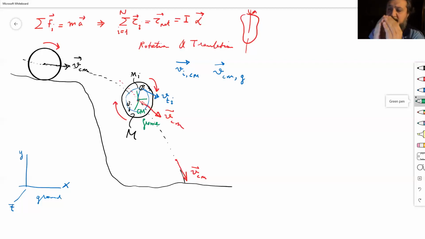Now, V_CM doesn't have to be constant, of course. It changes here, obviously, direction-wise and also magnitude-wise. But our analysis is generic, so it applies to frames which are not moving with constant velocity. It's general. So this is the center of mass frame.